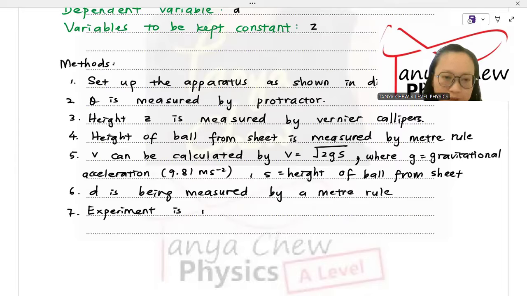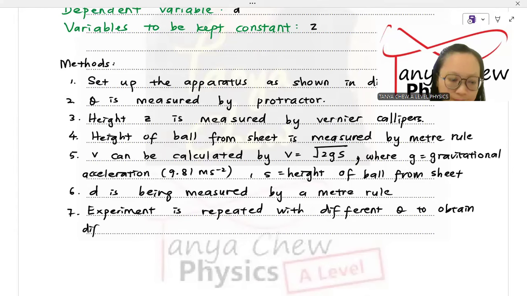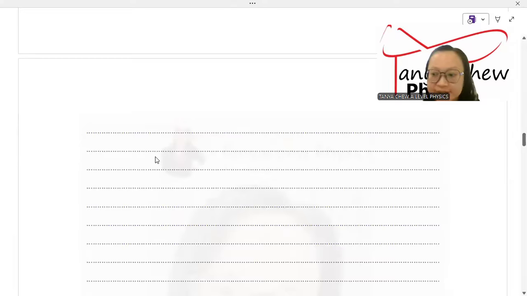The experiment is repeated with different theta to obtain different D values. I'm done. Now move on to analysis.